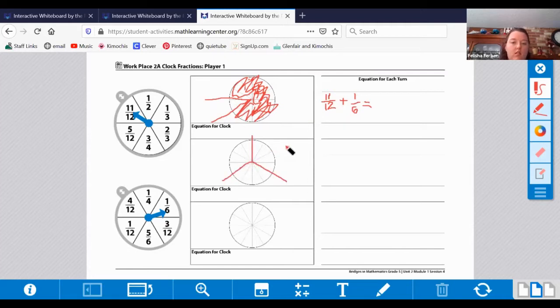So there's thirds. And there's sixths. So remember, 1/6 is the same as 2/12. So I'm gonna color this one in. And I'm gonna go ahead and erase this since I don't need that anymore.